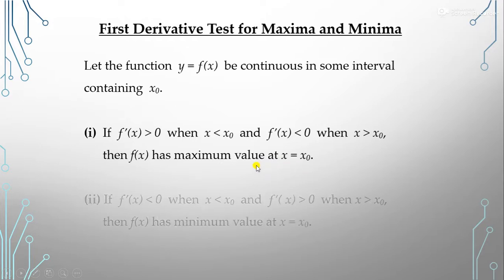Second, if f dash x is less than 0 when x is less than x naught, and f dash x is greater than 0 when x is greater than x naught, then you can say that your function f(x) has a minimum value at x equal to x naught. So this is the criterion to find the maxima or minima by using the first derivative.